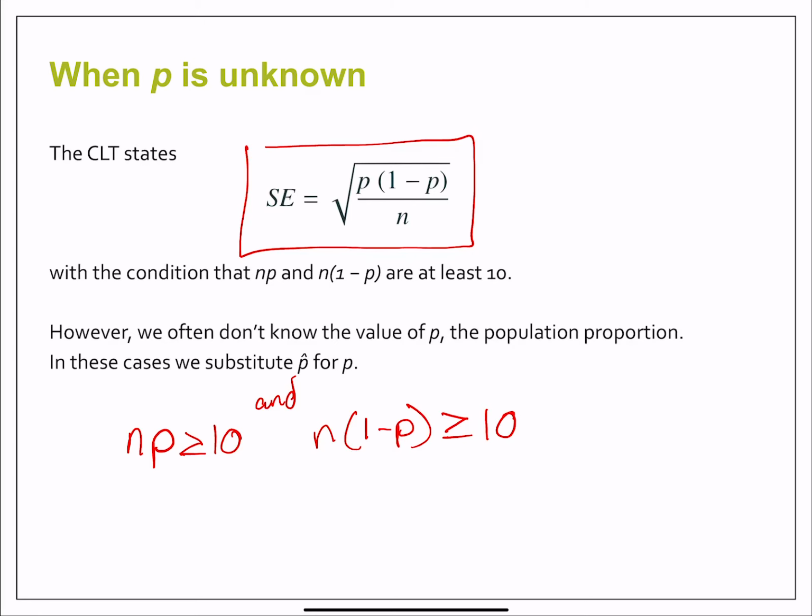Now, what do those two things mean? For the first one, N is our what? Our sample size. And P is our what? Our proportion. So if I multiply my sample size times my proportion, what am I going to get?